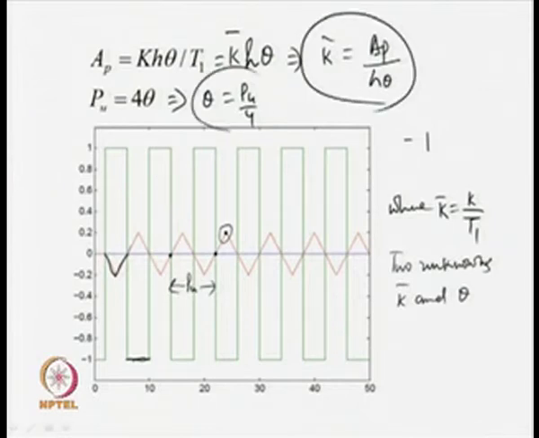So, using these two, I can easily find the two unknowns associated with the integrating process model. The two unknowns can be obtained provided it is possible to accurately measure the peak amplitude of the output signal and the period of the output signal.